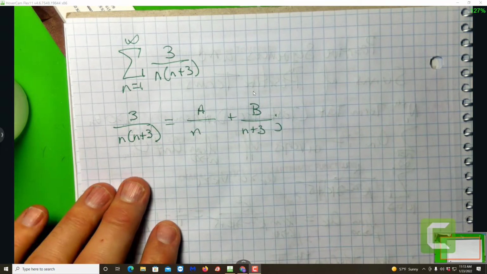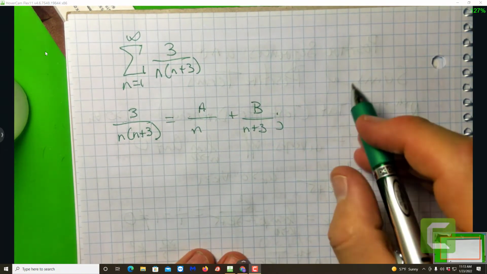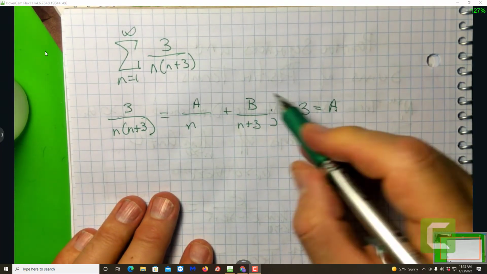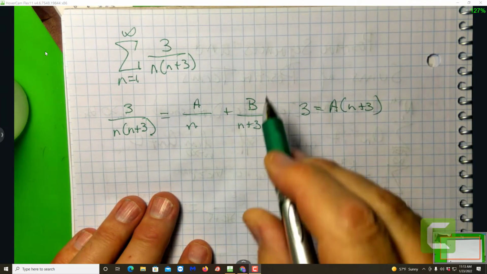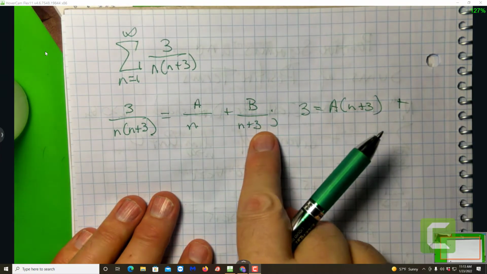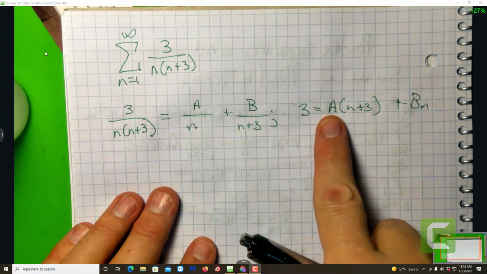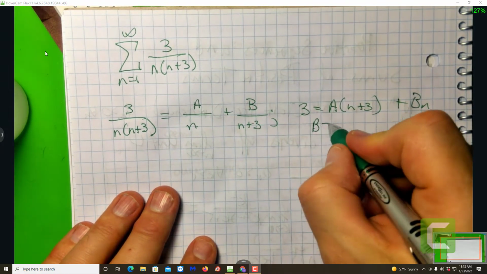Okay. I'm going to multiply both sides by n times n plus 3. When I do that, I'll have 3. The denominators will all simplify out on the other side. The n simplifies, so I get an n plus 3. If n is negative 3, this will be bn. So if n is negative 3, that's 0, and I get negative 3b is 3, so b is minus 1.